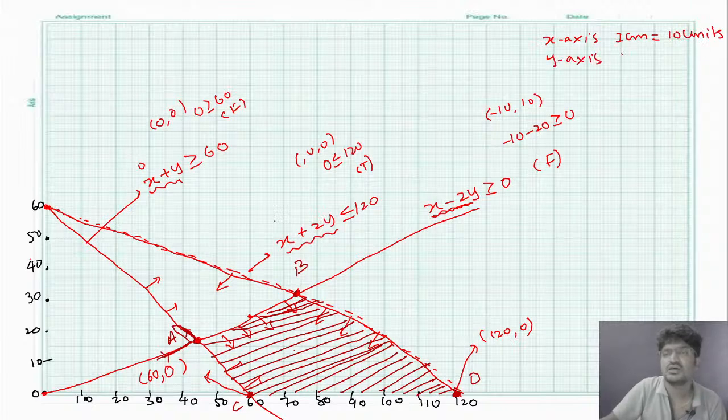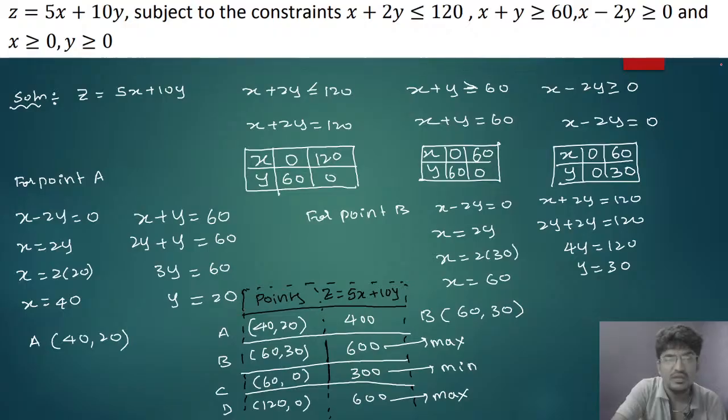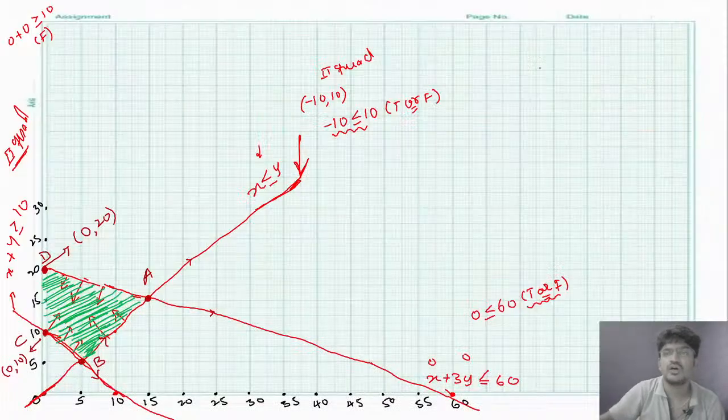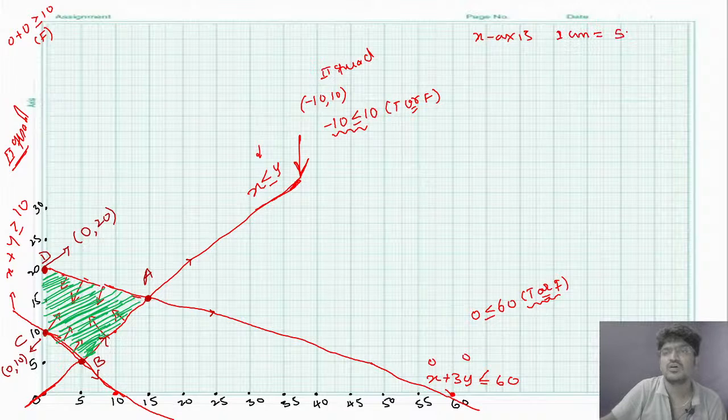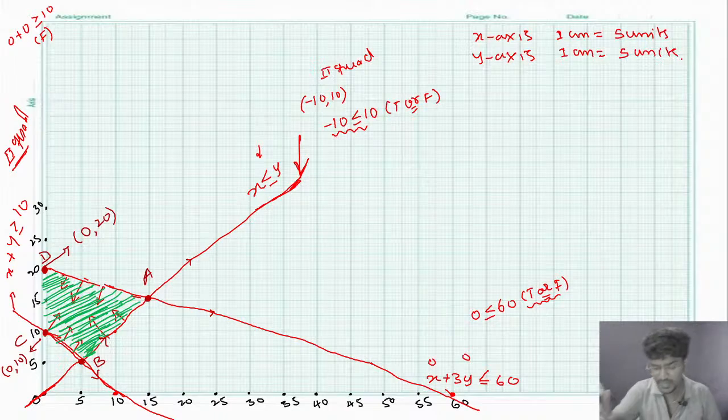Y-axis 1 centimeter equal to 10 units. You can write here, no problem. Here also x-axis 1 centimeter equal to 5 units. Y-axis 1 centimeter equal to 5 units. That you can write here.